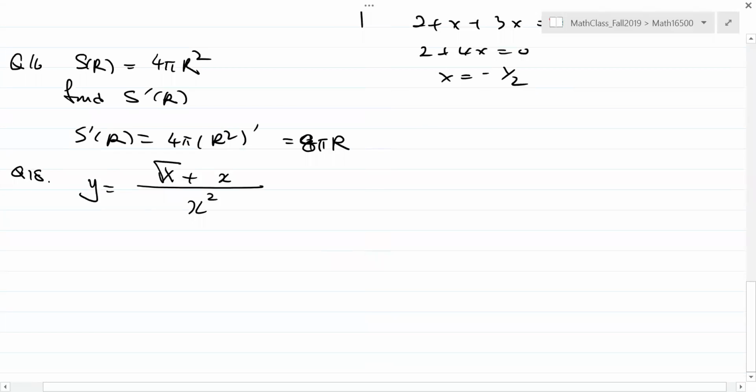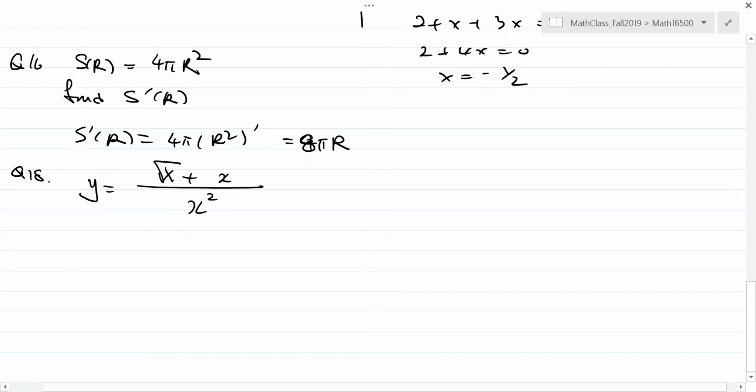How about this, right? Find the derivative. Now, this is given as a quotient, okay? But that does not mean you have to use the quotient rule. The quotient rule is more complicated than the product rule. The product rule is more complicated than the linearity rule. We call it the linearity rule, okay?